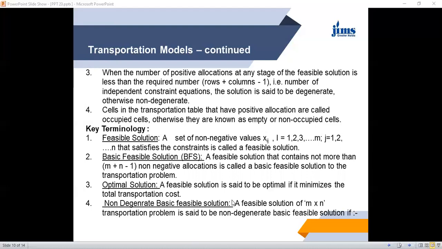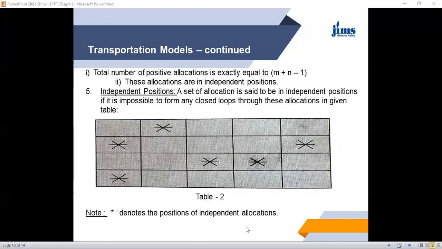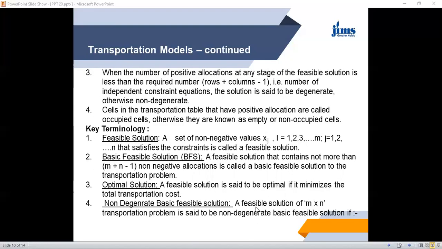So, what is a feasible solution? A set of non-negative values xij, i equal to 1, 2, 3 up to m and j equal to 1, 2, 3 up to n, that satisfies the constraints is called a feasible solution. And a feasible solution is considered to be basic if exactly m plus n minus 1 non-negative allocations are made in the table.